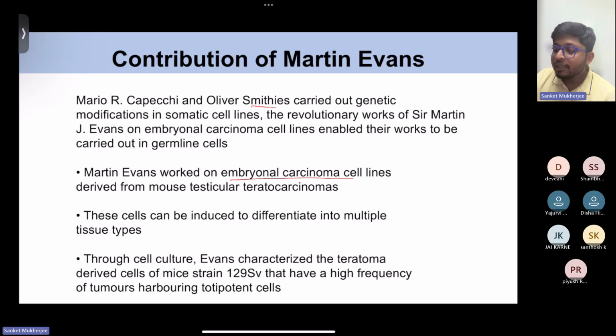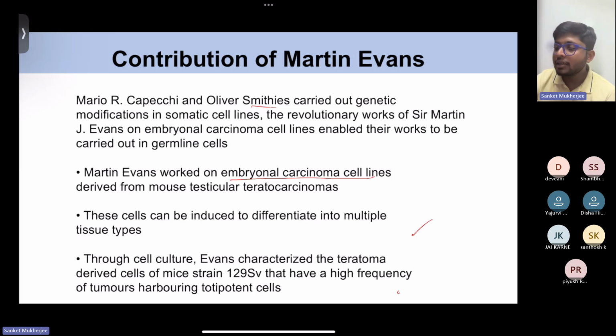These cells can be induced to differentiate into multiple tissue types. Through cell culture, Evans characterized the teratoma-derived cells of mouse strain 129 SV that have a high frequency of tumors harboring totipotent cells.